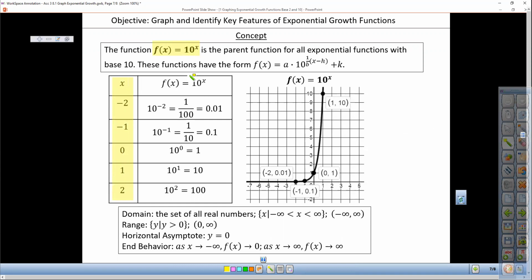And we're looking then at 10 to that x value. So 10 to the negative second would be 1/100th. 10 to the negative first would be 1/10th. 10 to the 0 is, of course, 1, because anything with the 0 power is 1. 10 to the first power would be 10, and then 10 squared, of course, gets us to 100.